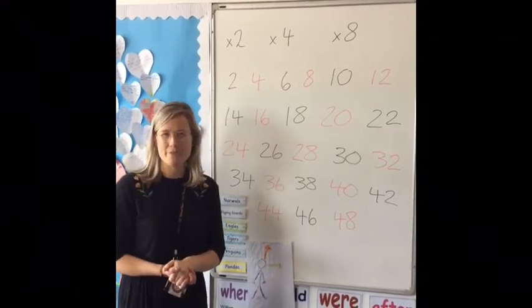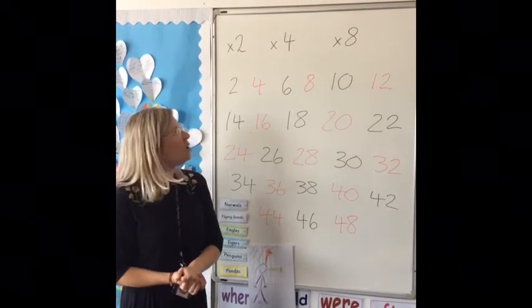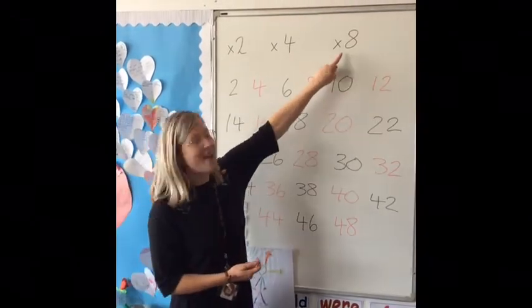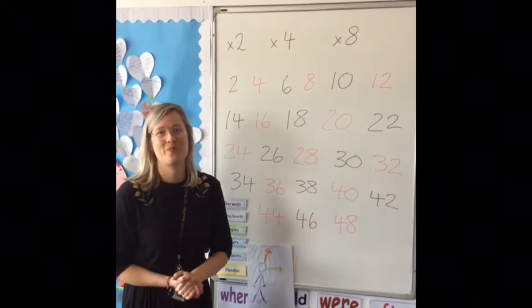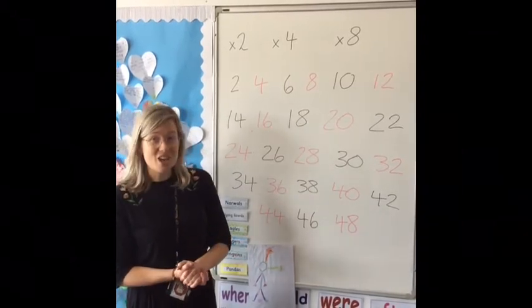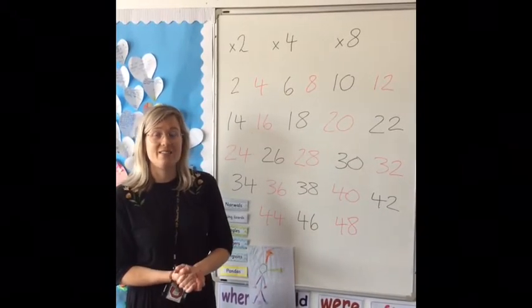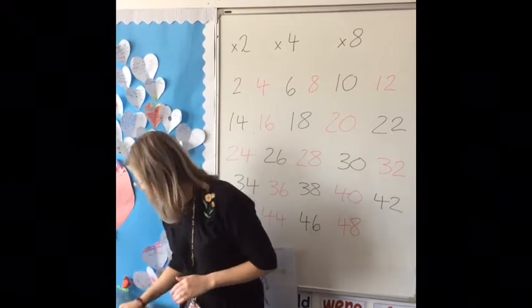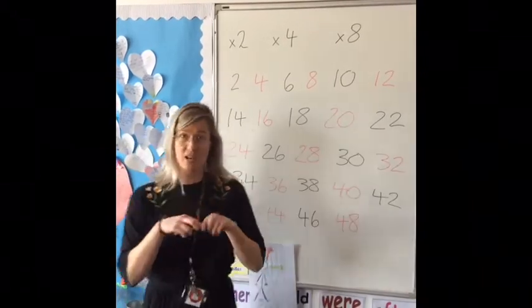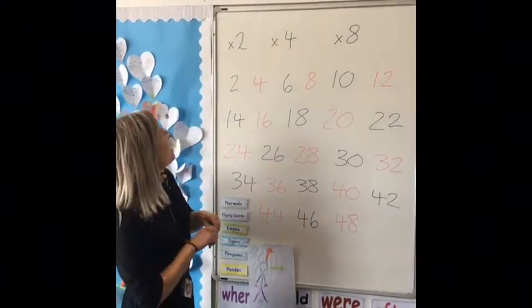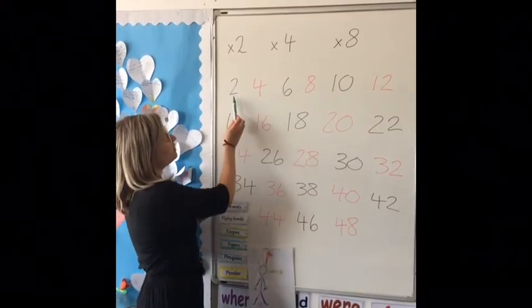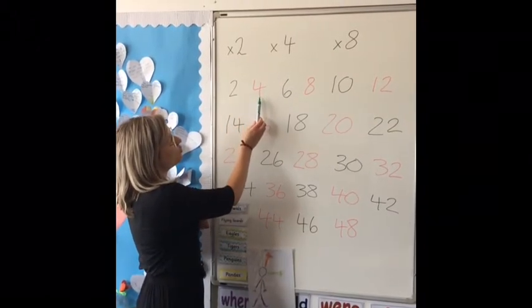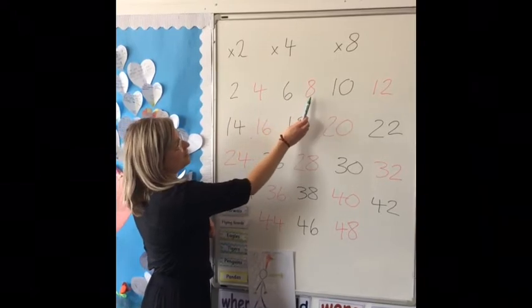Now, can you remember from class our special trick when trying to find out answers for our 8 times table? That's right, we circle every other number in the 4 times table. So I'm going to get my third colour now, which is going to be green. And I know that 2 is in the 2s, 4 is in the 4s, 6 is in the 2s, 8 is in the 4s.